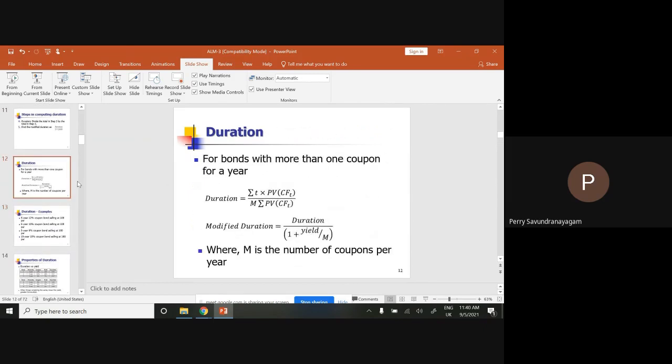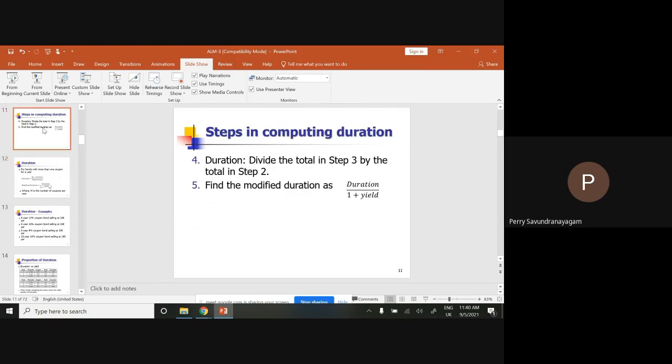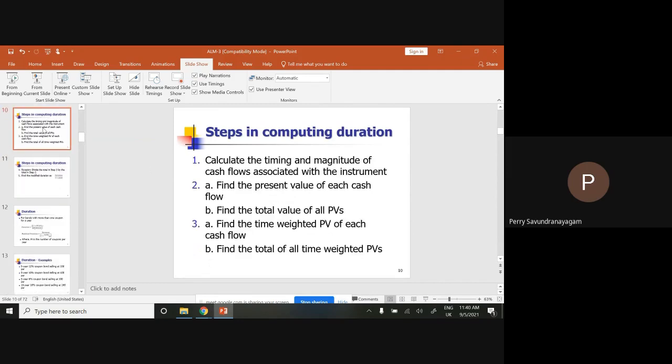Don't worry, these calculations won't necessarily come for you. I just want you all to understand the theory behind it more than the calculation itself. And then once you have that, you have the duration. So divide step 3 by step 2.